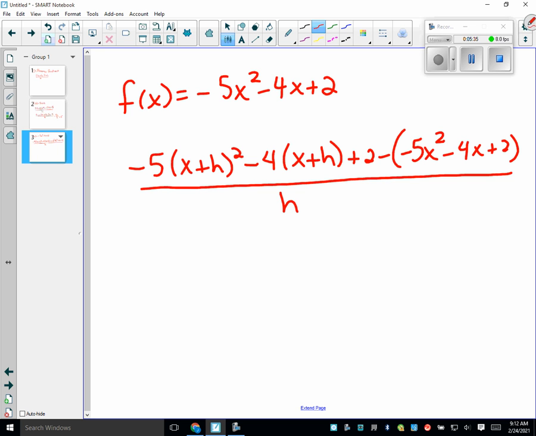So isn't this right here x squared plus 2xh plus h squared? Do you agree? So don't I have negative 5x squared minus 10xh minus 5h squared?